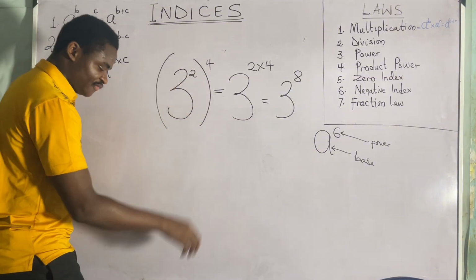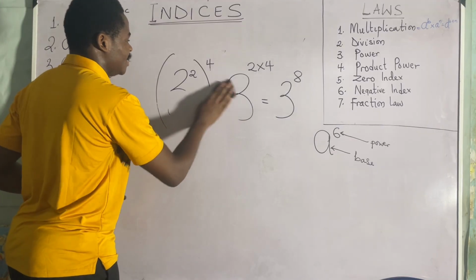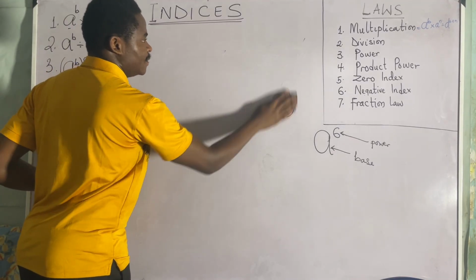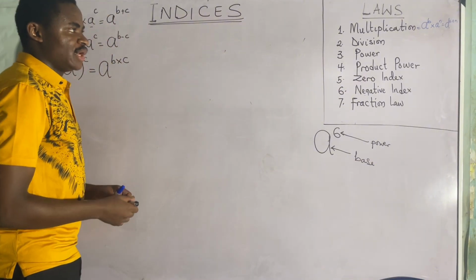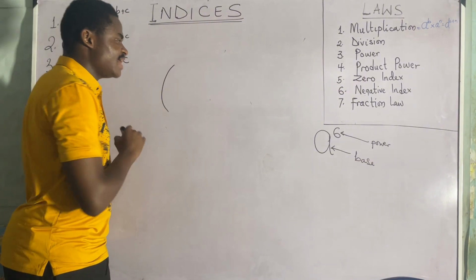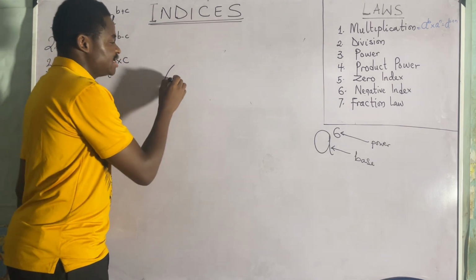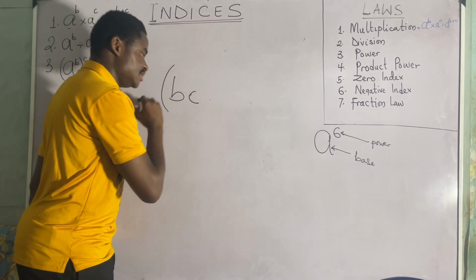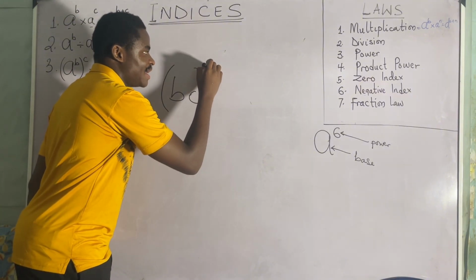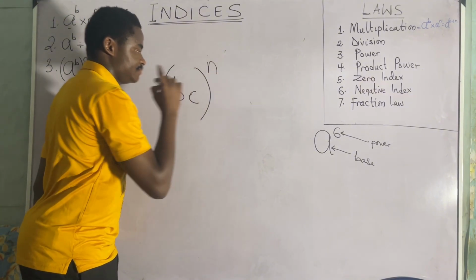Okay? Now for the fourth one, which is the product power law. I call it product power law because, let me give an example. If I have two numbers inside the bracket, say b and c, all of these raised to the power n.